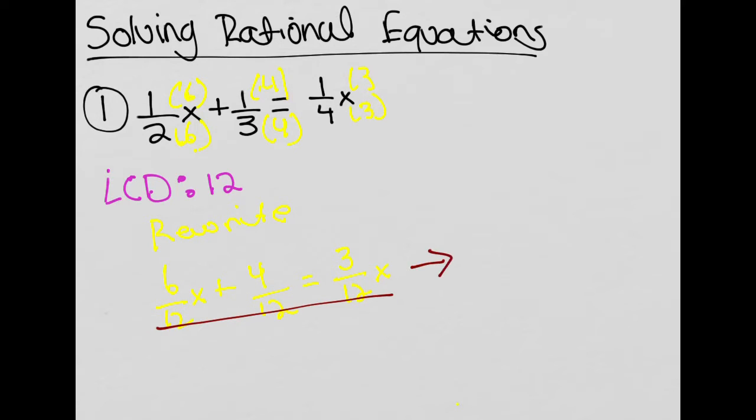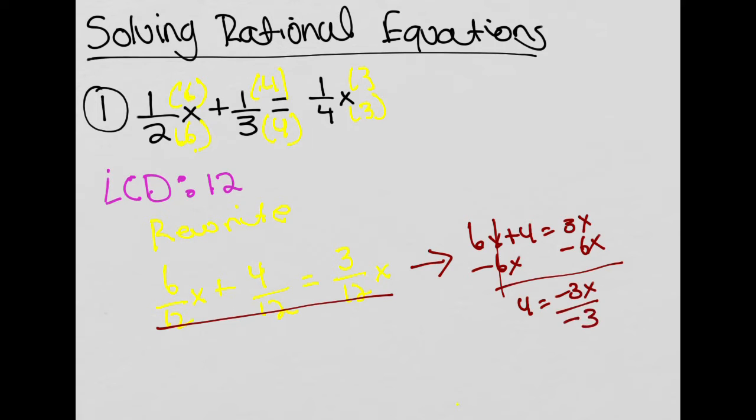So now I have 6x plus 4 equals 3x. Go ahead and combine like terms. So I have 4 equals negative 3x, divided by negative 3. X equals 4 over 3.